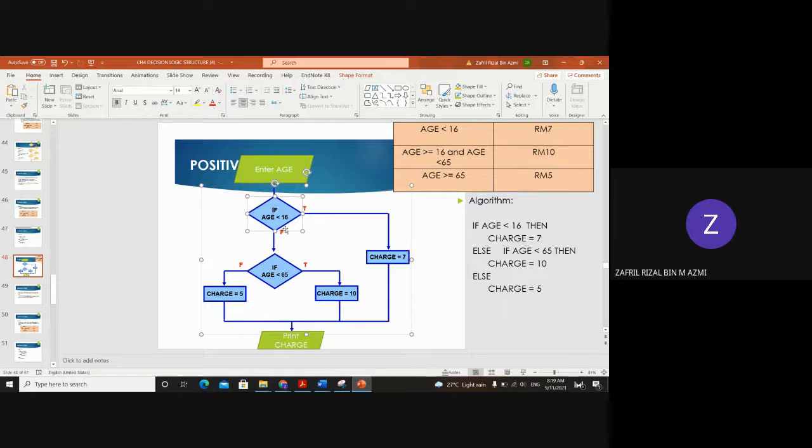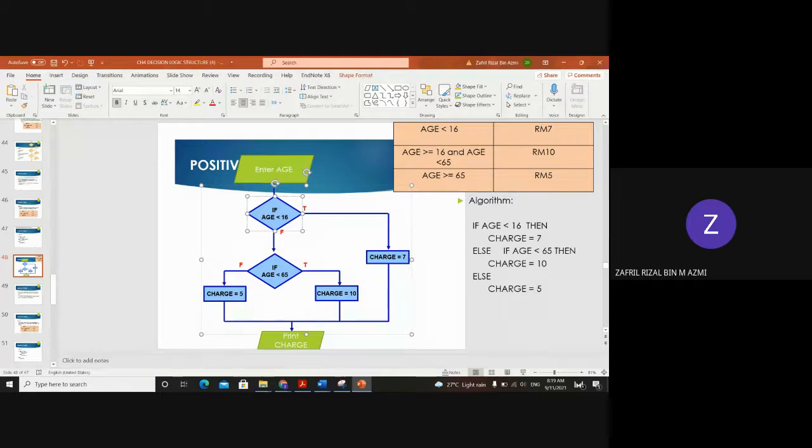But for straight through logic, if you have 100 decisions, for example, if age less than 16, age less than 65, age equal to 10, up to 100 decisions, it will check every decision that you have in your design.